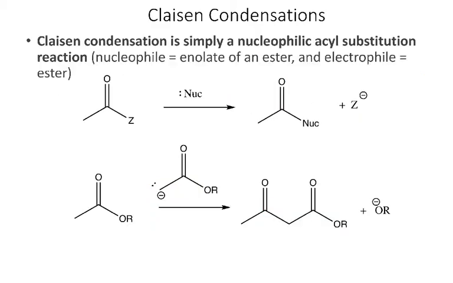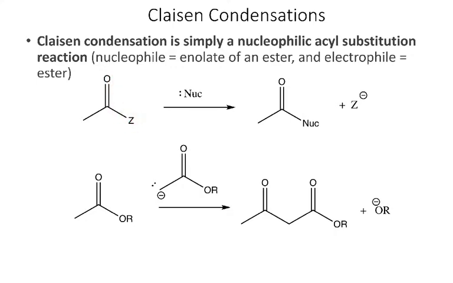Now, a Claisen condensation is simply a nucleophilic acyl substitution reaction that we learned about last chapter involving carboxylic acid derivatives. In this case, the nucleophile is the enolate and the electrophile is the ester. This is a general schematic of the nucleophilic acyl substitution reactions, right? In these reactions, the nucleophile attacks the carbon of the carbonyl group, and the pi bond goes up onto the oxygen as a lone pair. When we reform the carbonyl, it expels the leaving group.